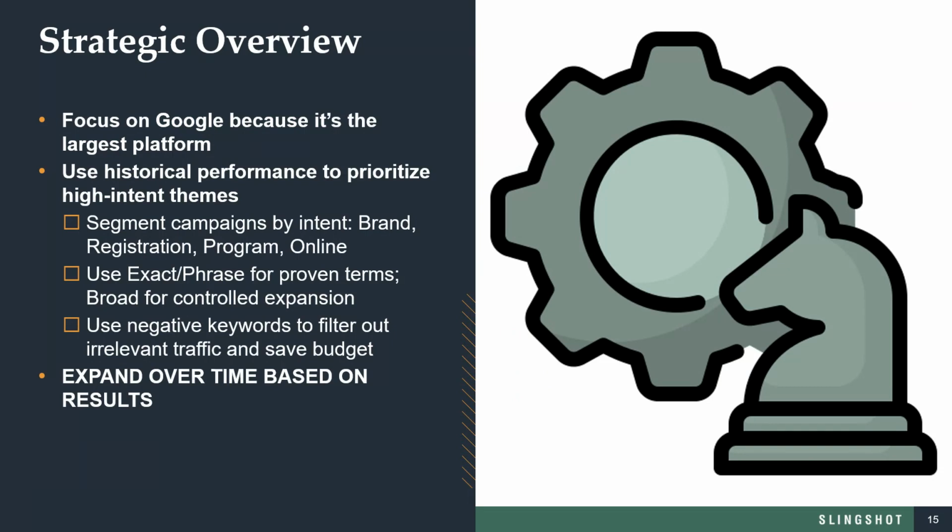You want to use exact and phrase terms that have proven their performance. Then you can do a very controlled broad expansion to test new keywords and branch out a little bit, but you want to do it in a very controlled environment so that you're not just going after anything and everything, and you want to keep a handle on those.